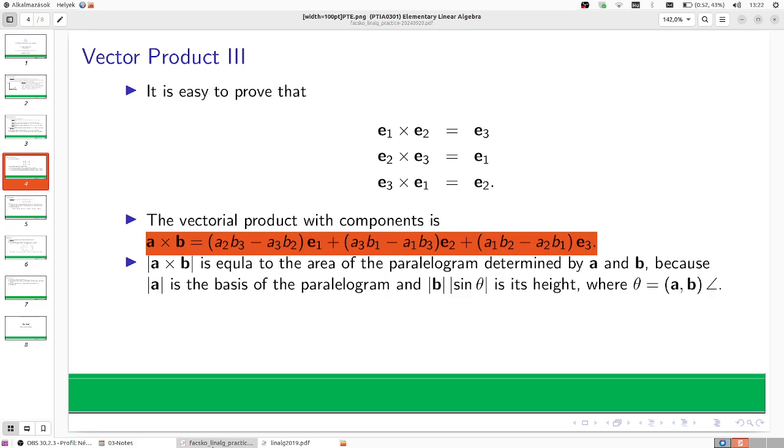So what do we have? We have vector A and vector B. They form a parallelogram.